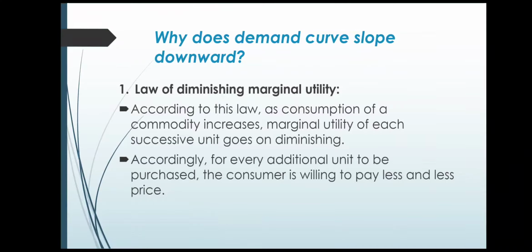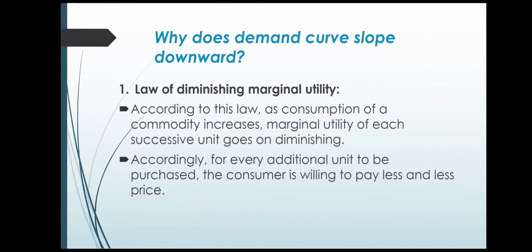The first one is law of diminishing marginal utility. According to this law, as consumption of a commodity increases, marginal utility of each successive unit goes on diminishing. Accordingly, for every additional unit to be purchased, the consumer is willing to pay less and less price.